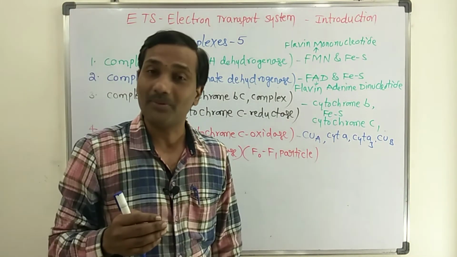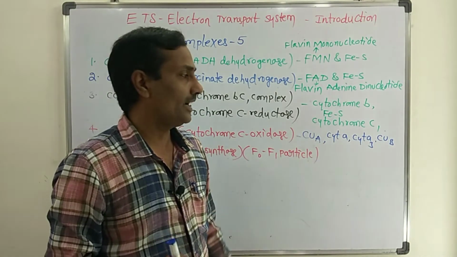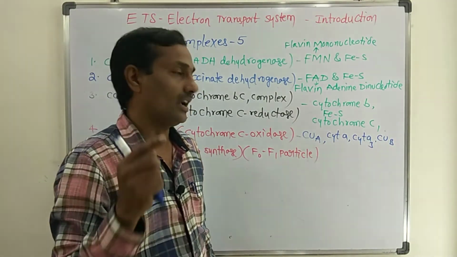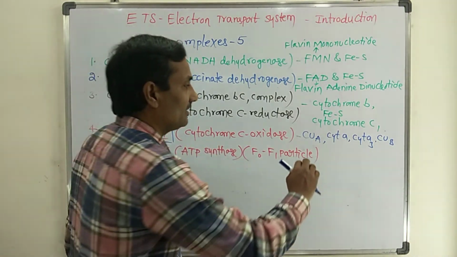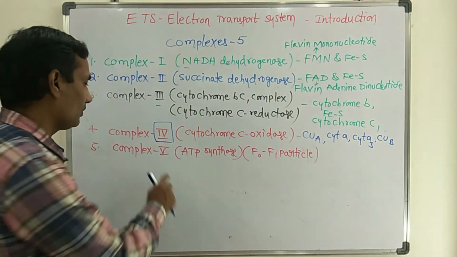Like this you can remember for exam. So copper center A, cytochrome A, cytochrome A3 and copper center B. These are the 4 electron carrying components found in complex 4.